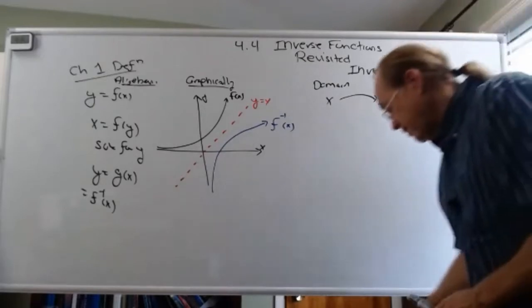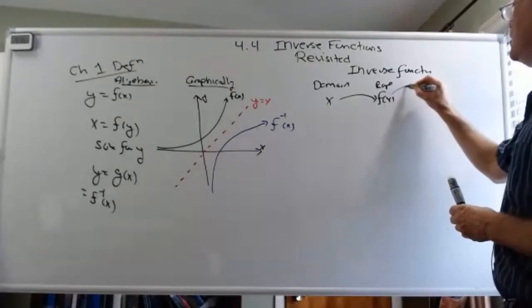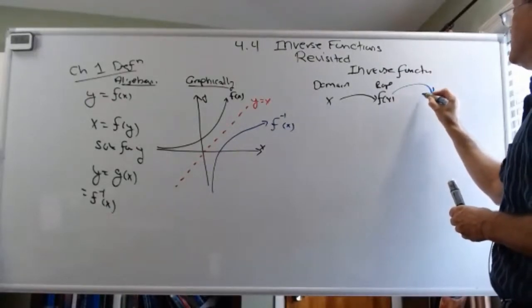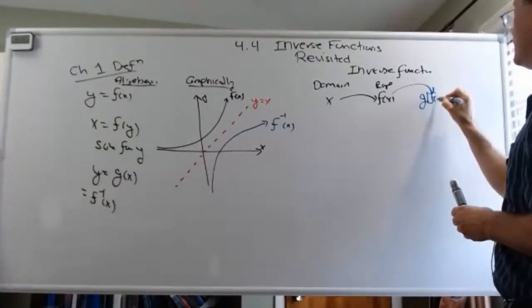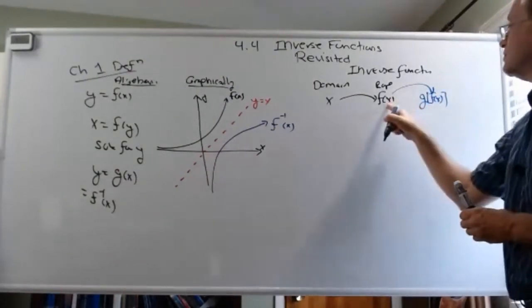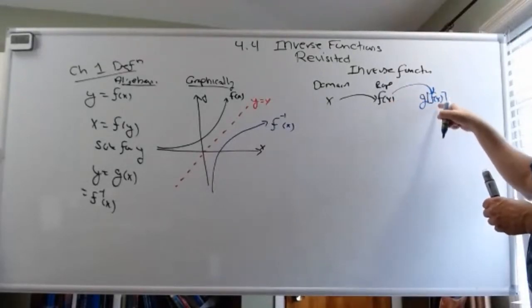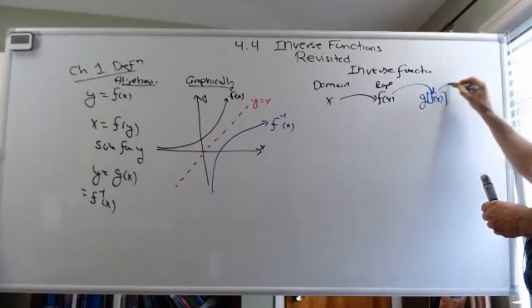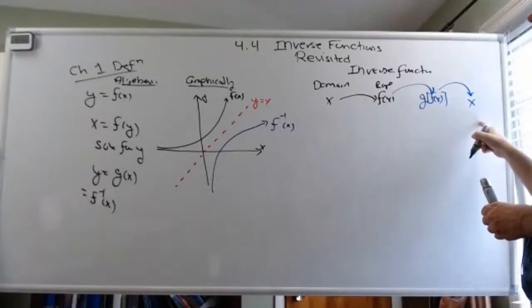So what you'd like to do is apply this output, this range, as an input of another function. So we have g of f of x. I'd like to put this function into another function. So my domain now is f of x, and the range that comes out would bring me back to x, back to where I started.